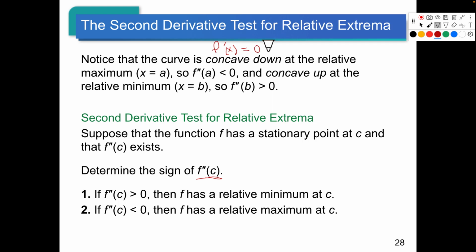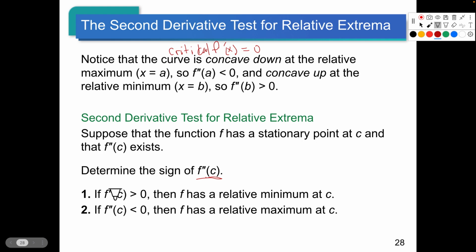Okay, so you've got a maximum or a minimum there, critical values. So we find those, and then what we want to find out is what's the second derivative. Is it negative or is it positive? So that's what the second derivative test can do.